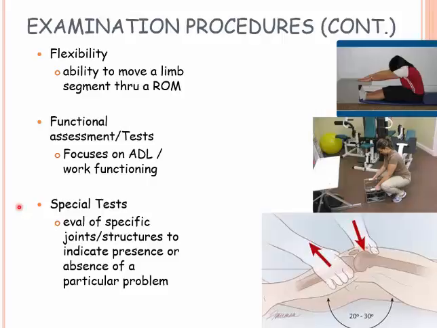Another category of examination techniques often used are special tests. Special tests examine specific joints and/or structures to indicate the presence or absence of a particular problem. Examples are to follow on the next slide.